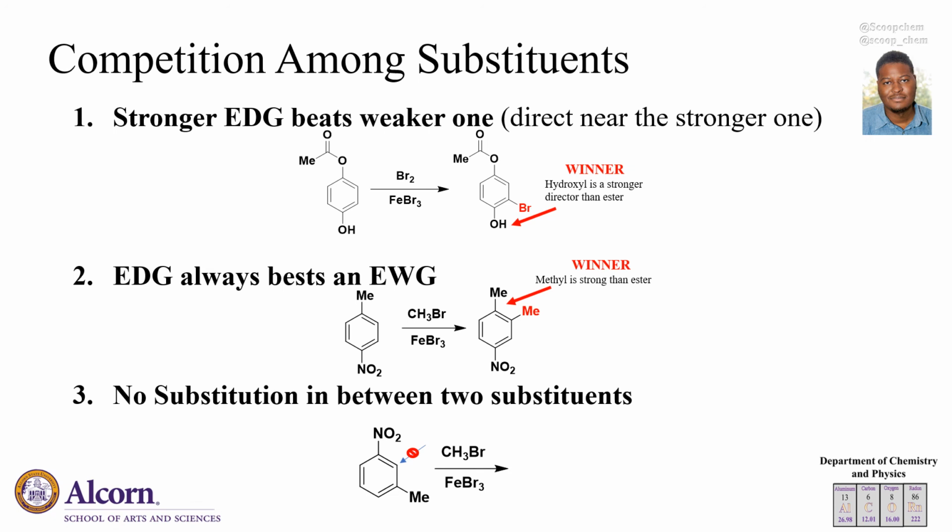The methyl group is electron donating, and the nitro group is electron withdrawing. Again, the donating group will win. So I should go ortho and para to it. But one of the ortho positions is inaccessible in between the nitro and the methyl. It's bad because of sterics. So I get these two products where the first is para to the methyl group, and the second is ortho to the methyl group.